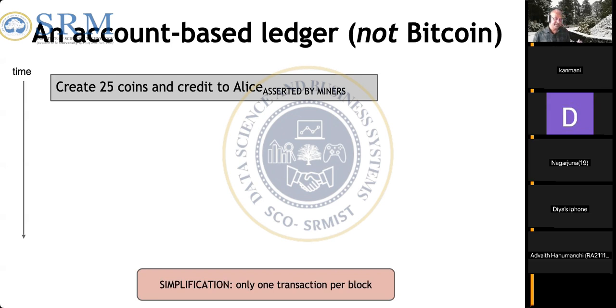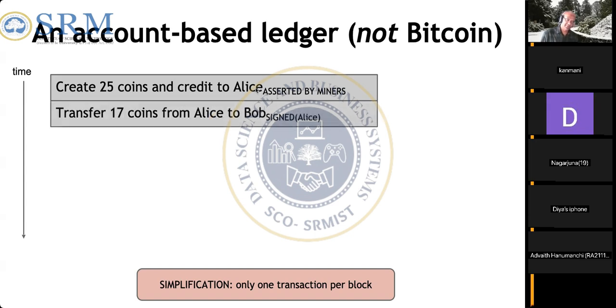Let's say we have a create coin transaction where LS got 25 coins. That's fine. Then LS transferred 17 of these 25 coins to Bob. That's also fine because it is signed by LS, and we can verify that the miners gave LS the coins.